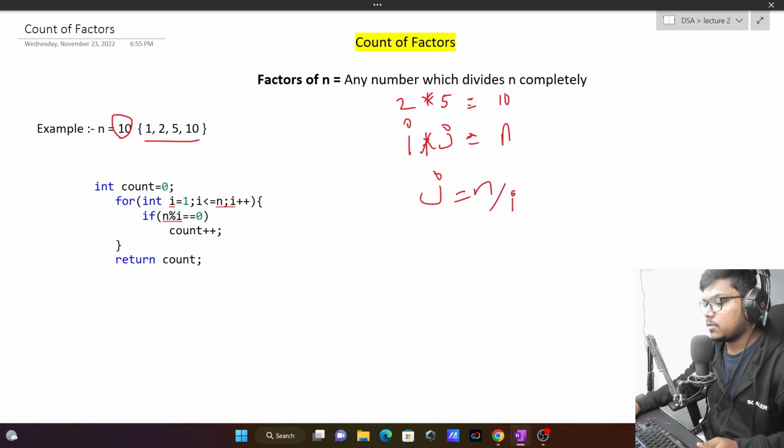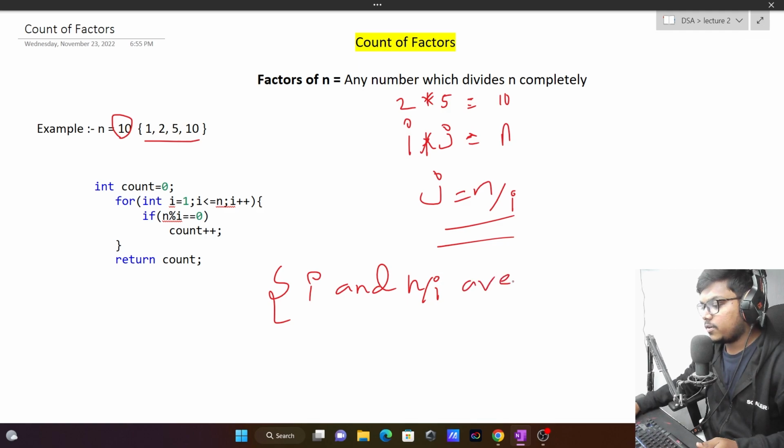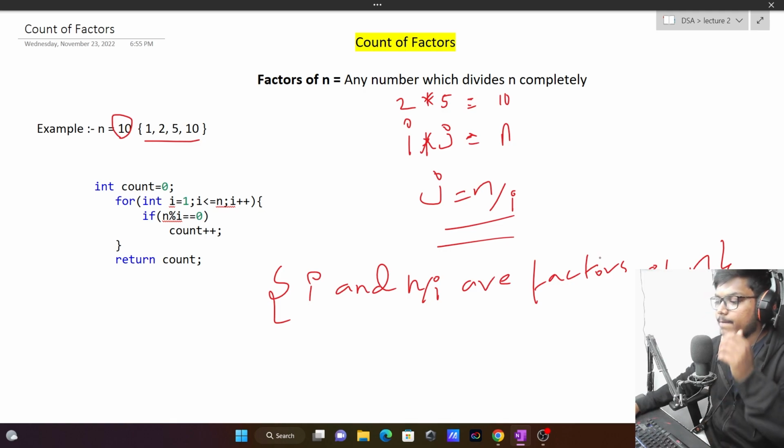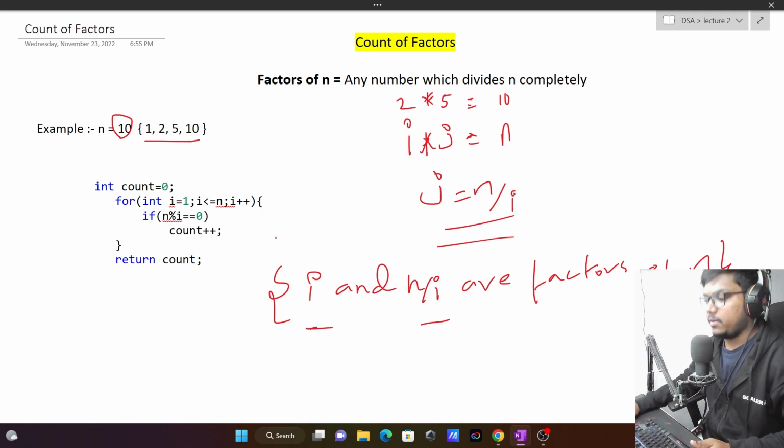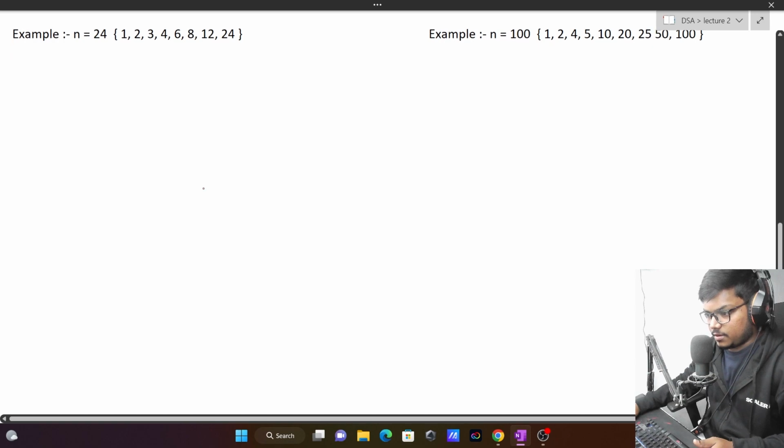So i and n by i are both factors of n. Can I say it like that? Yes. i and n by i are both factors of n. Let's understand it in a better way.